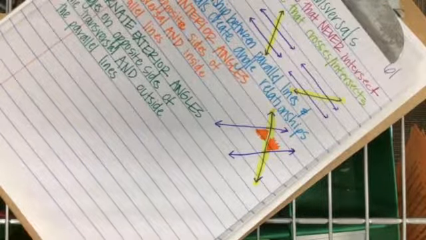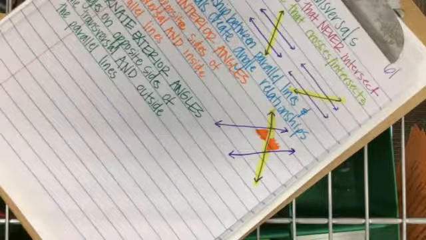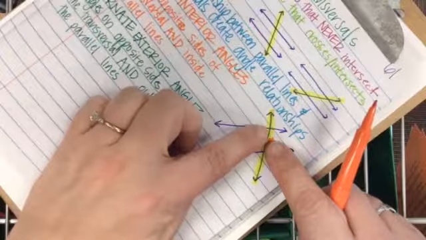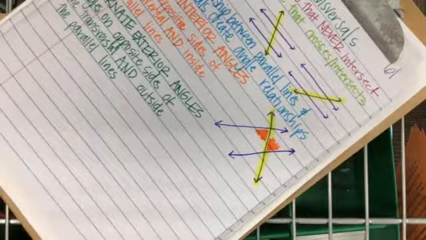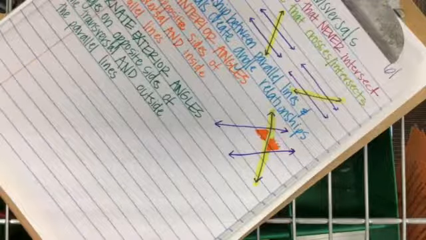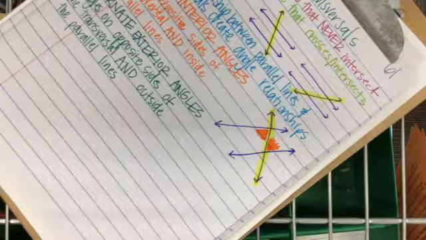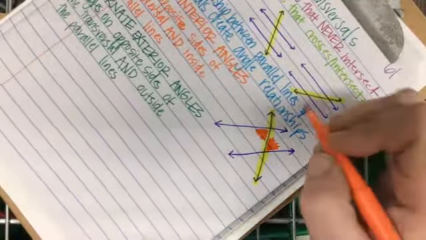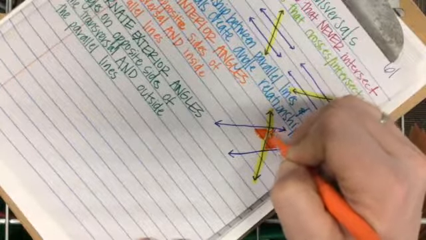There's another pair of alternate interior angles. Where's my other pair? These ones are the acute pair. Where's the other pair? On the outside. It can't be on the outside, it's on the inside. It's interior. Sam, go point to him. Yeah, I'm going to do kind of a rainbow to show.